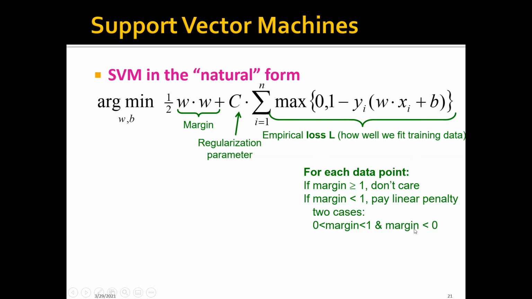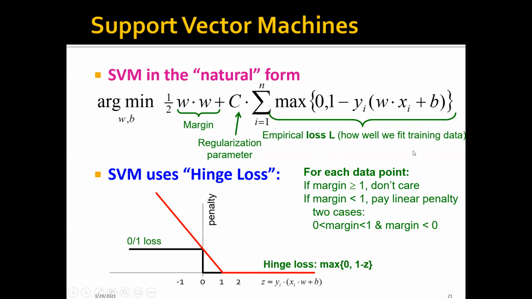Another case is that you actually predicted the wrong class, meaning that the margin is smaller than 0. And of course, in this case, you get a larger penalty. And this is what we call the hinge loss function.